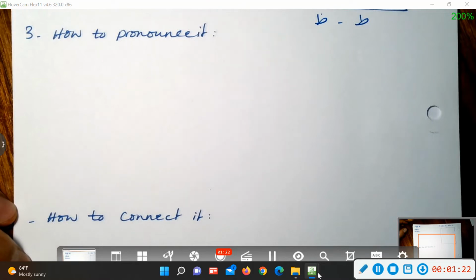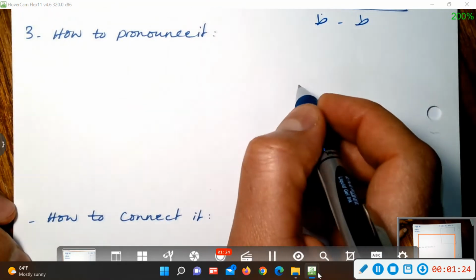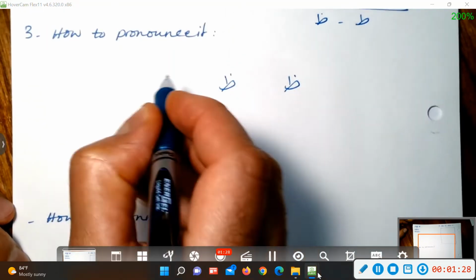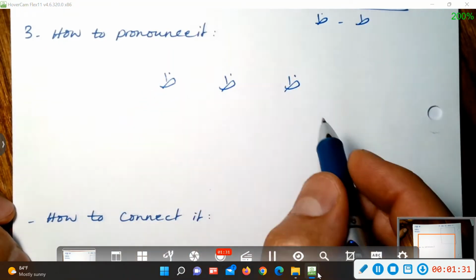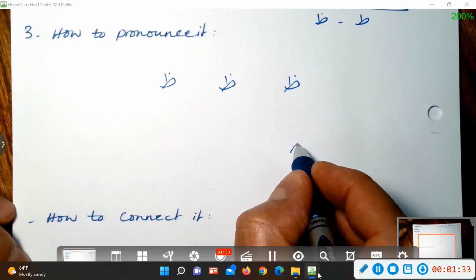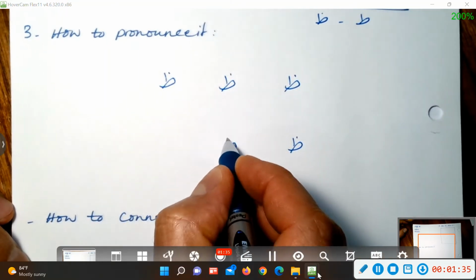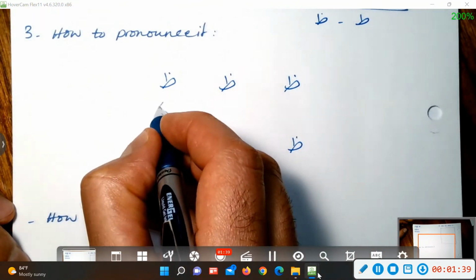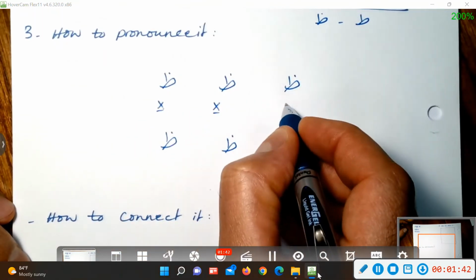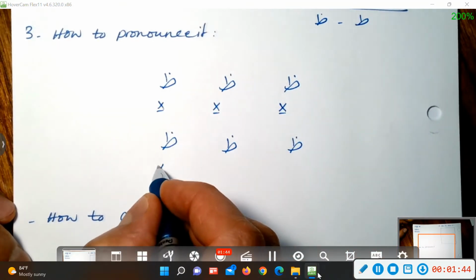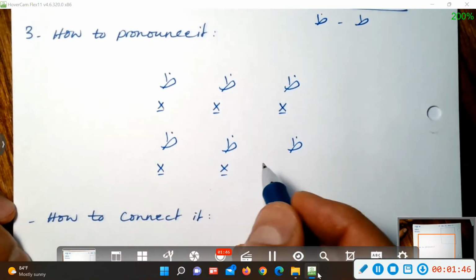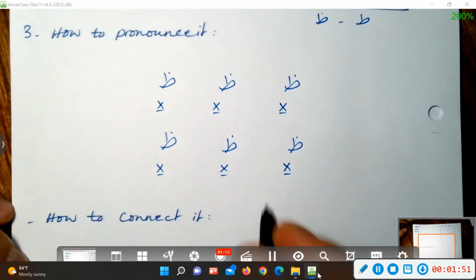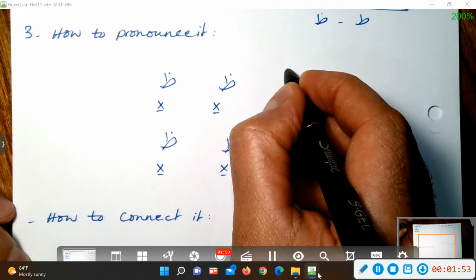How to pronounce it? With short vowel and with long vowel. Now we said we're gonna use underlined X to represent the sound. With fatha, the.